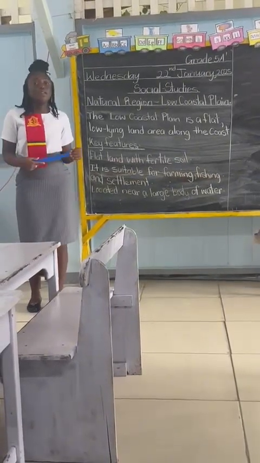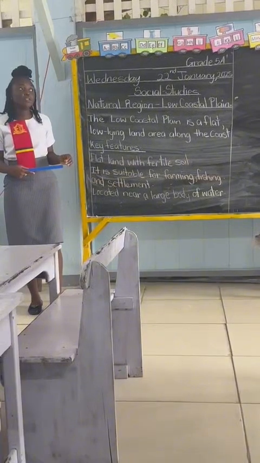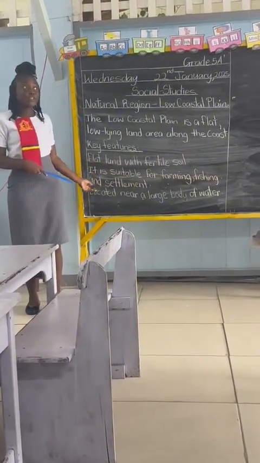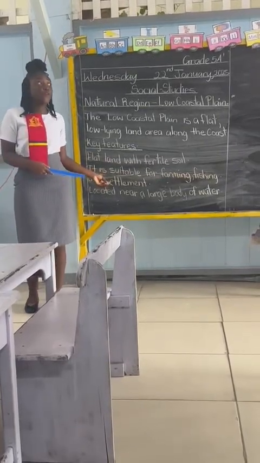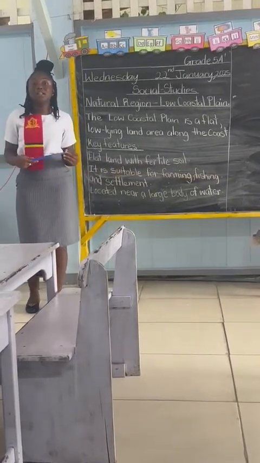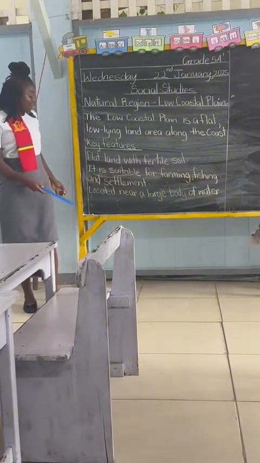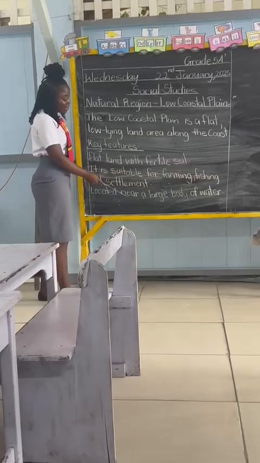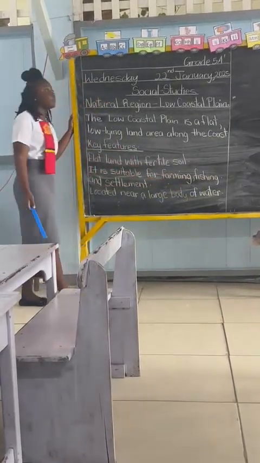Also, in region 5, our places on the coast, we find persons fishing. We also have fisheries and so forth, and we also have a lot of farming. Our third point says, it is located near a large body of water.